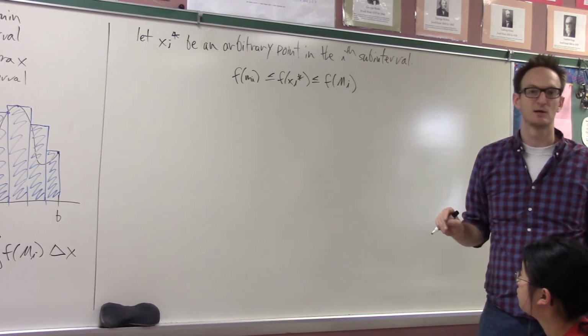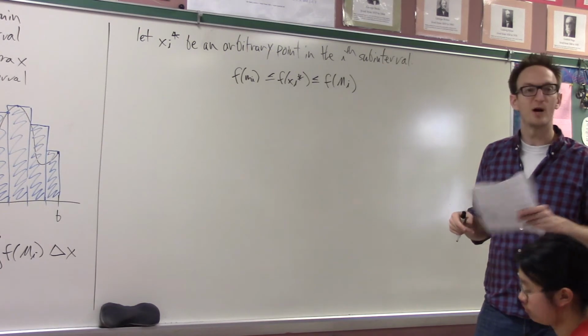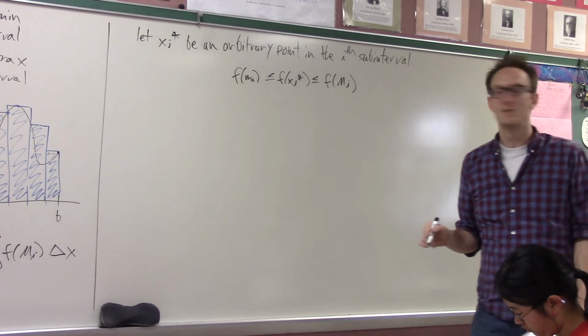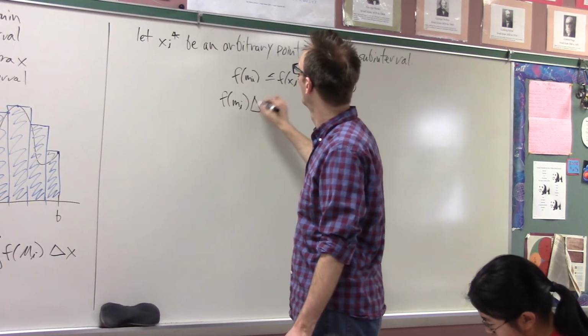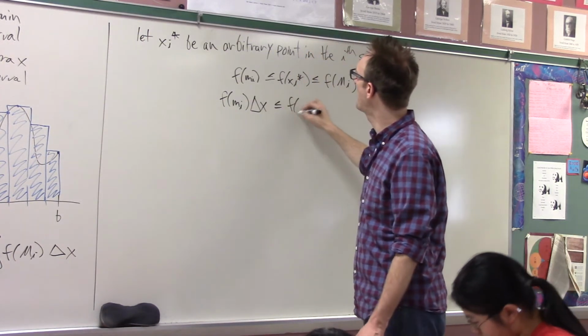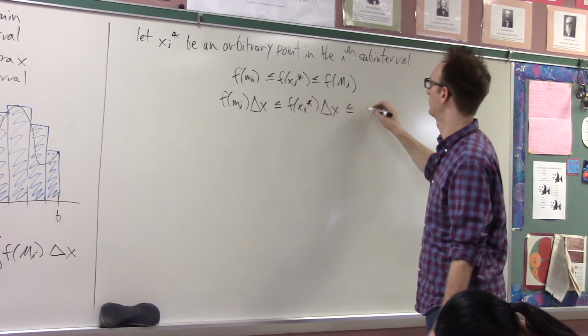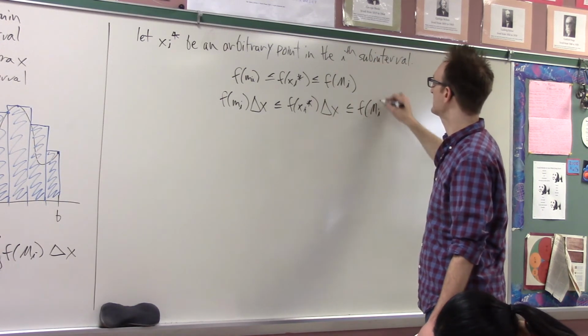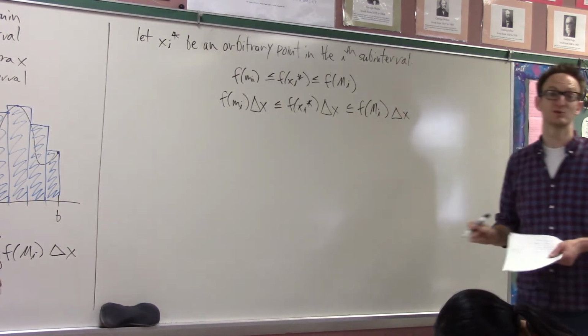Building this up slowly. Squeeze theorem. Almost. First, multiply by delta x. If I multiply by delta x, then I still have a true statement. But now this is a statement about rectangles, right?